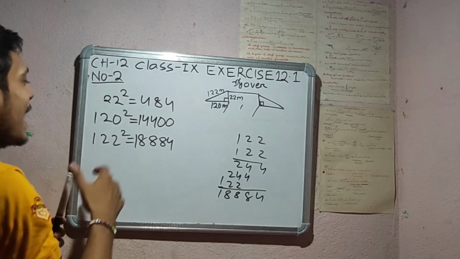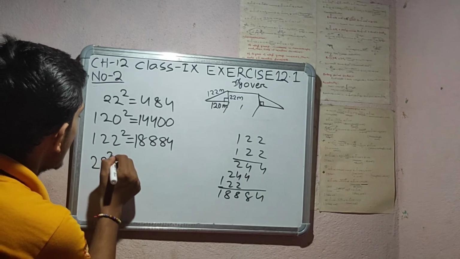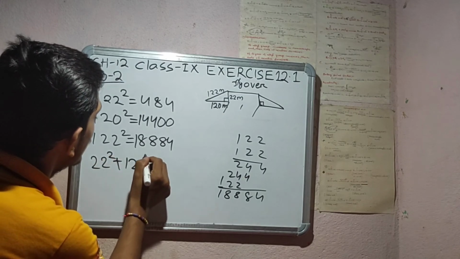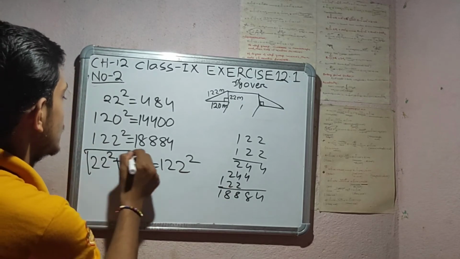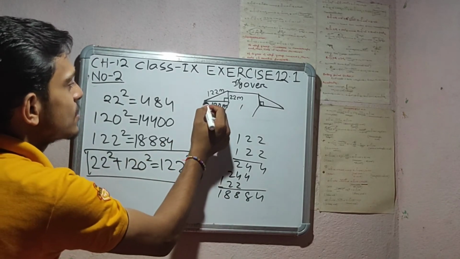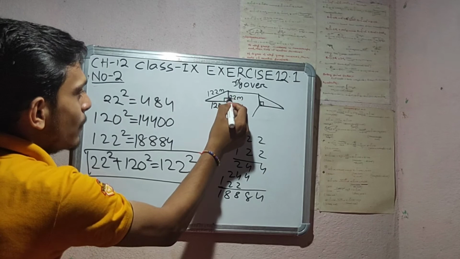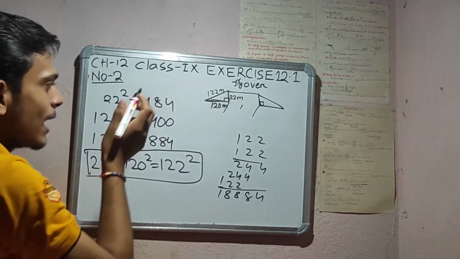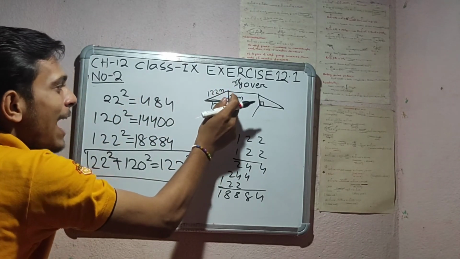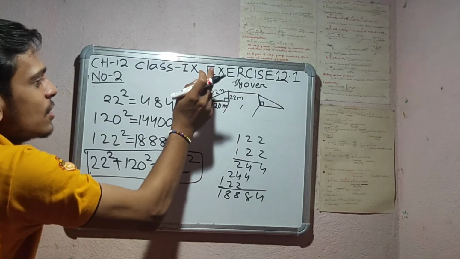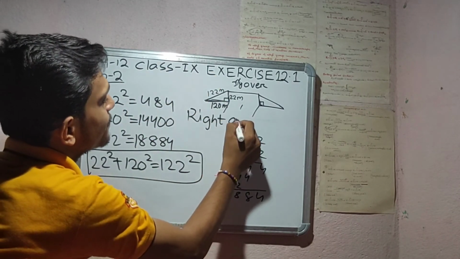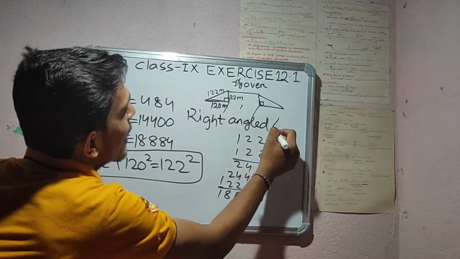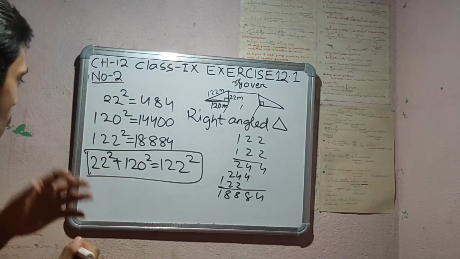So if I add this, that is 22 square plus 120 square, I will get obviously this. So this square plus this. Okay. So the square of height and the square of base give the square of hypotenuse. This is a right angle triangle. Right angle triangle. Yes or no?